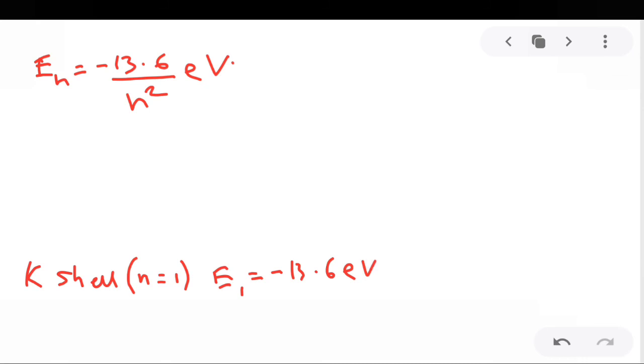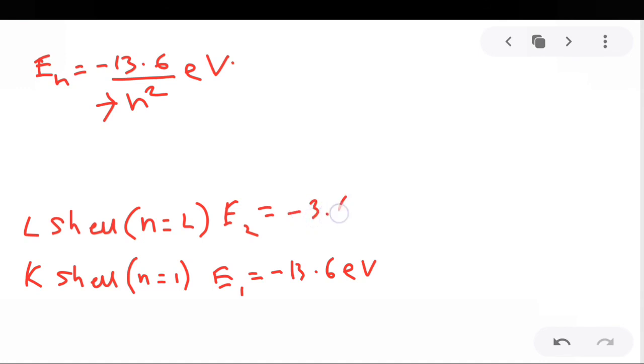Next for the L shell, that is n equal to 2, substituting n equal to 2, E2 is equal to minus 13.6 divided by 2 square. So 2 square is 4, so that is equal to minus 3.4 electron volt.